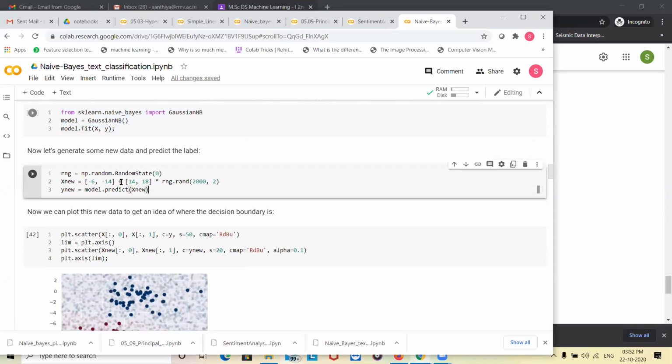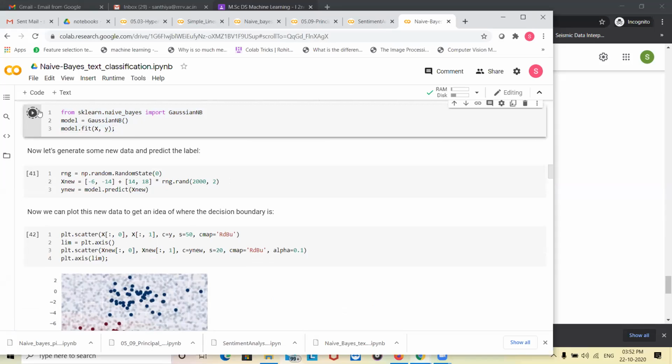When we give the model.fit function, the model fits the data onto the hypothesis, and the fitted hypothesis is now generated.